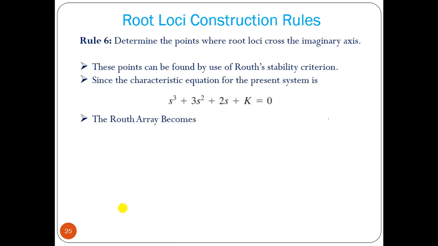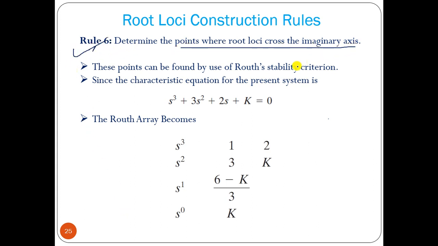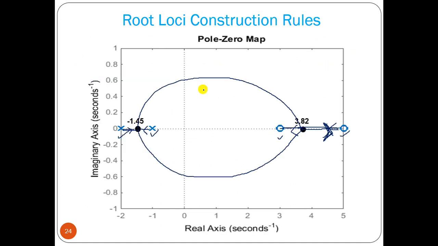Now let us check rule number 6, which is how to determine the points where the root locus crosses the imaginary axis. In this plot we can see that we have two zeros here, so this plot crosses the imaginary axis. So we have to find this intersection point.